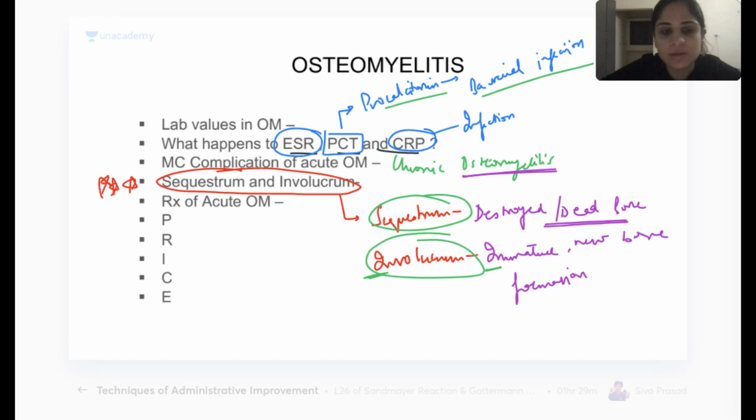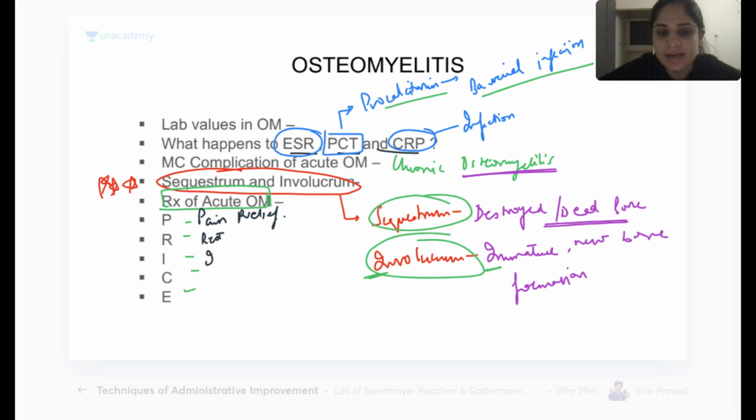What is the treatment of acute osteomyelitis? It is PRICE. What is the full form of PRICE? Yes, IV antibiotics you have to give, but other than that, what are all the features of PRICE? P is pain relief. It's very painful and tender, so you have to give analgesics. R is rest.